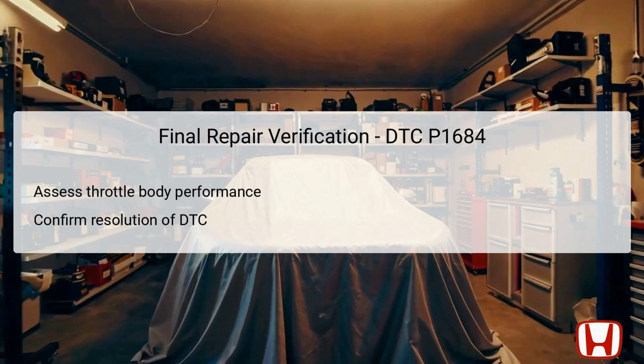Confirming that no new or stored DTCs emerge will further support the success of the repair process. This verification step acts as a crucial final check, solidifying that the vehicle's performance aligns with manufacturer specifications and confirming that any issues flagged by DTC P1684 have been resolved satisfactorily.